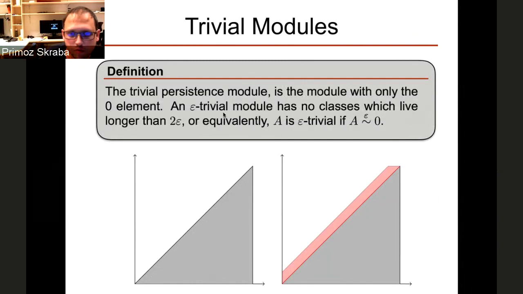It's not something I'd want to stress during this talk because it gets very confusing, but up to a factor of 2, things should make sense. The other thing I want to say is that I'm not really going to consider diagrams, and I will point out at different points why I'm going to just talk about interleavings rather than the standard bottleneck distance between persistence diagrams.